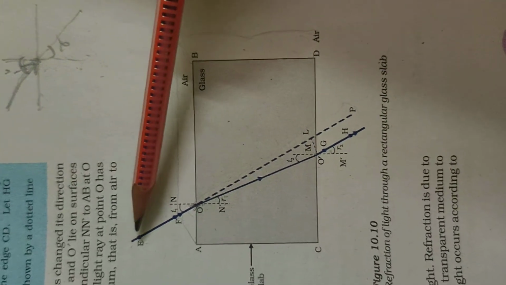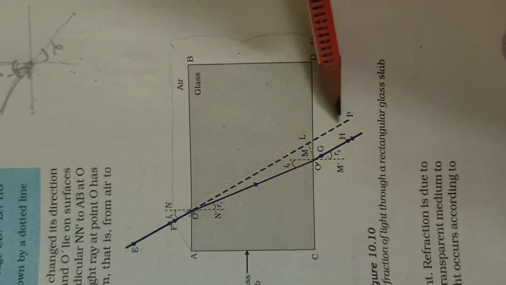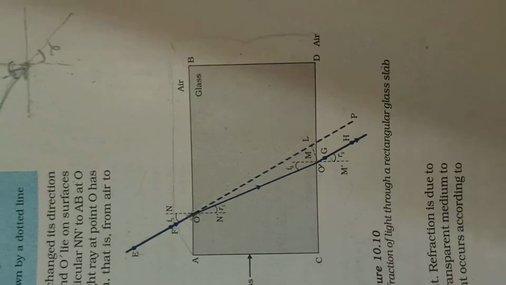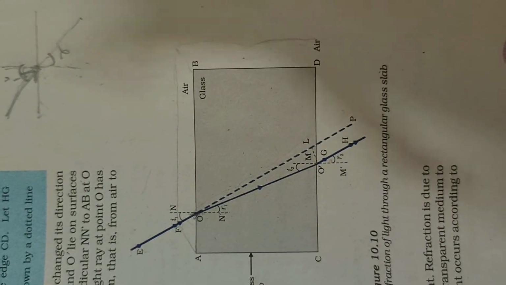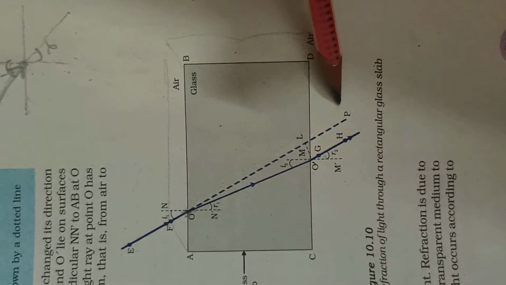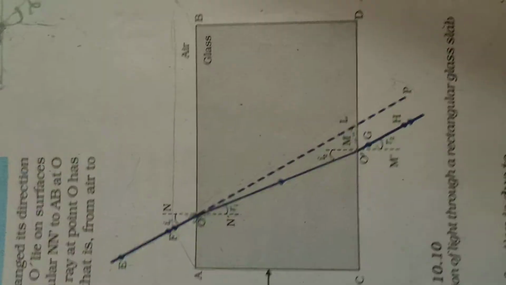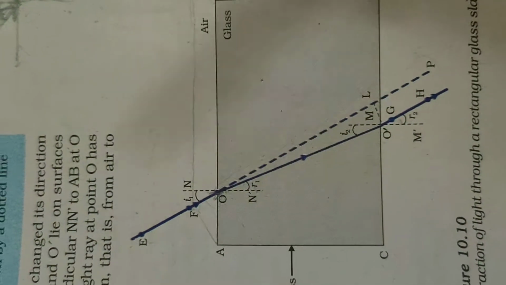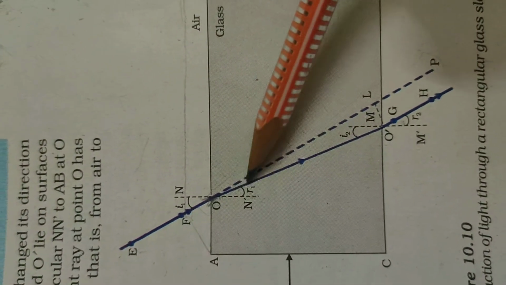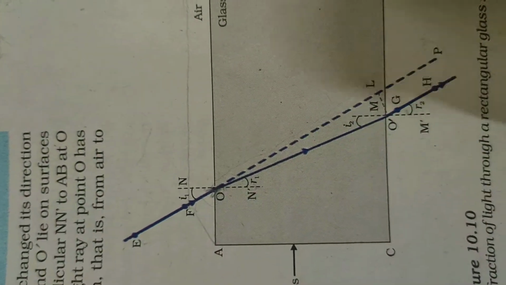That means light should have traveled from E to P. This dotted line should be the real path of the light according to what we have studied since the previous classes, that light travels in a straight line. But what we are getting here is that the light is bending. It is not following the principle that light travels in a straight line.